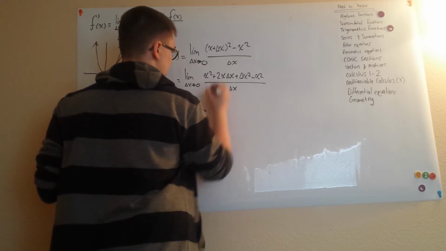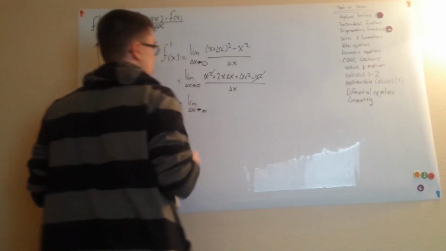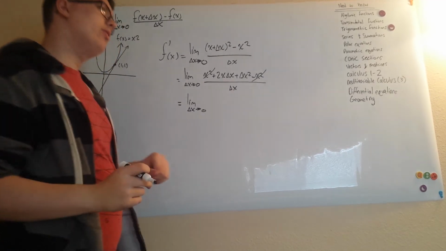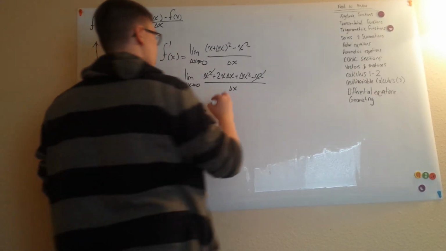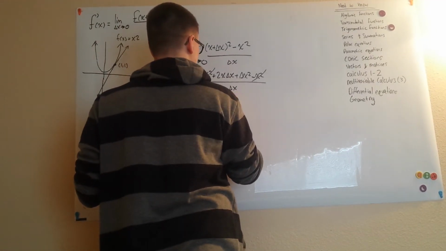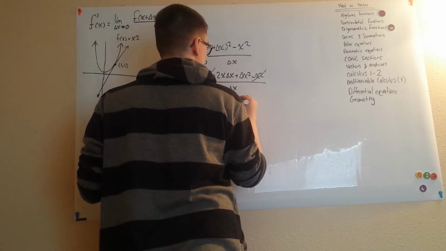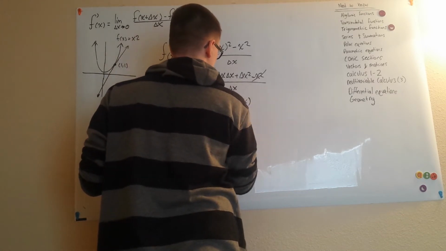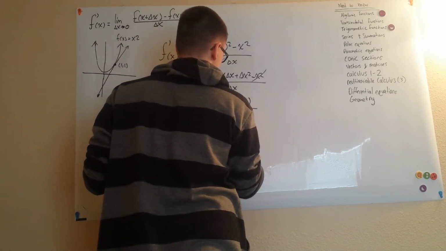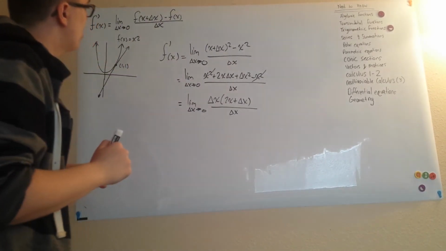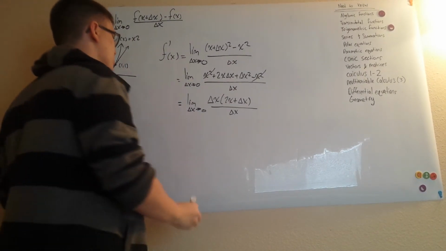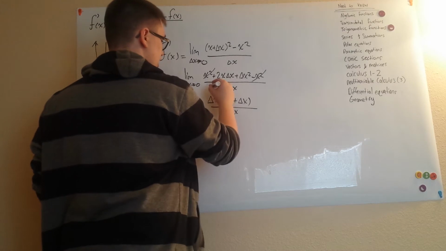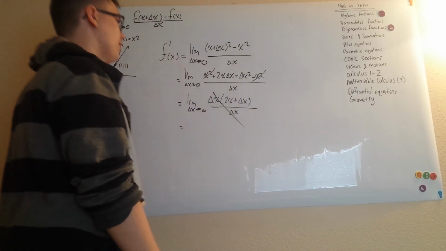Our x squareds cancel out, and we can factor out the delta x. We can cancel those delta x out.